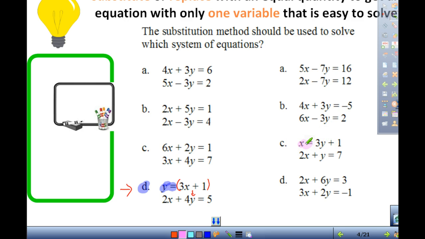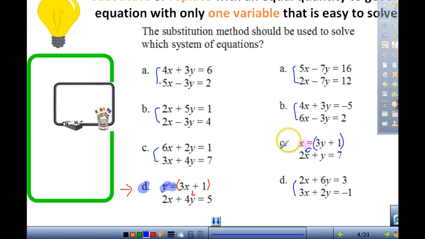If it's x equals, that's just as easy. I can take 3y plus 1 and plug it in right here, and I'm good to go. I can start solving. All these others, these are both in standard form, not quite as easy. Okay? Now we're going to have another method that's going to be perfect for standard form. We'll talk about that tomorrow and Friday.